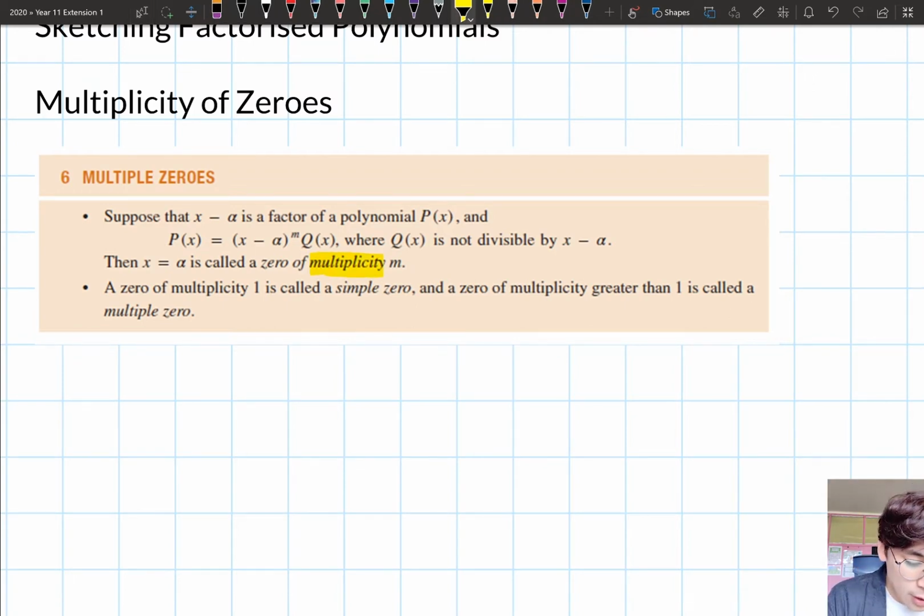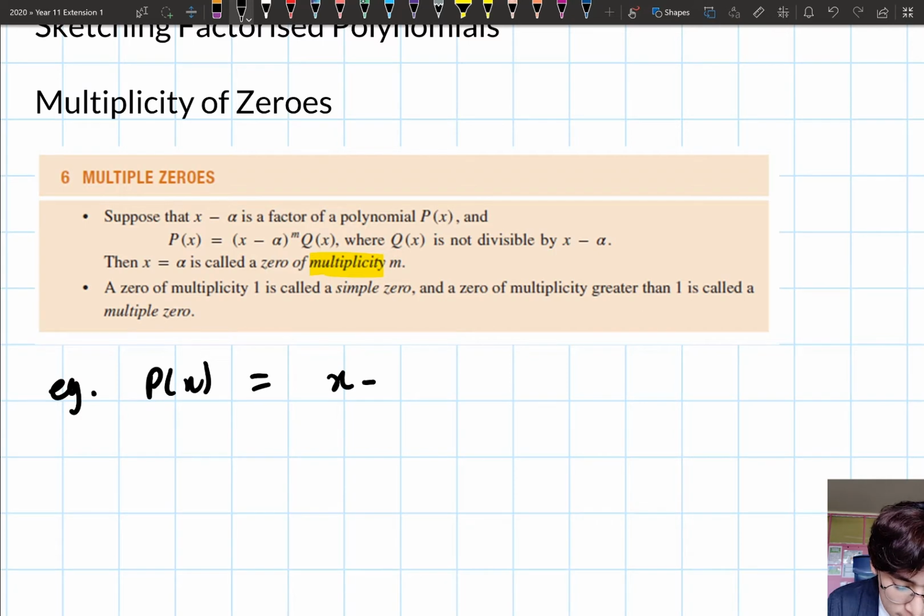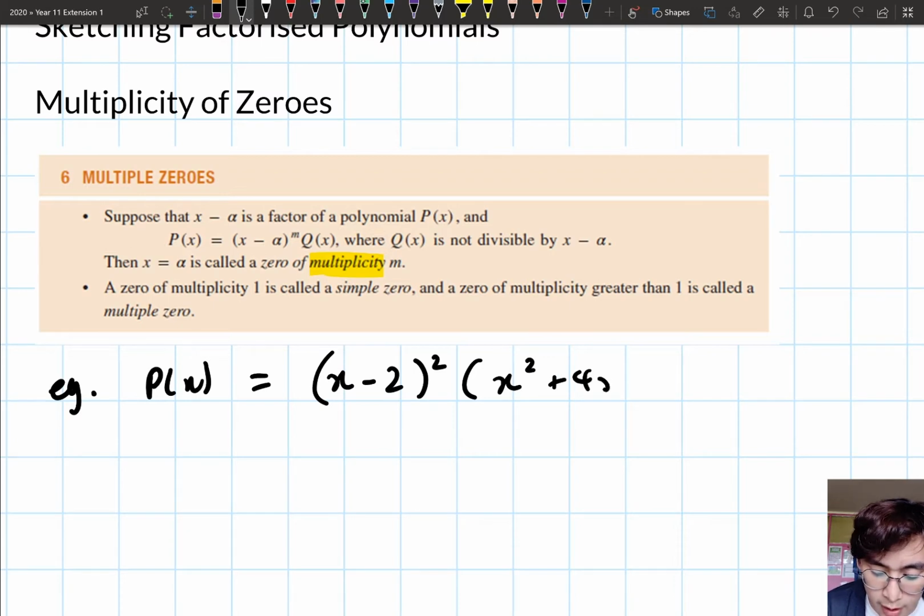Multiplicity. So if I can divide my polynomial multiple times by the same linear factor, it means it has a certain multiplicity. So for example, if I have p of x equal to (x minus 2) squared and (x squared plus 4x plus 1).